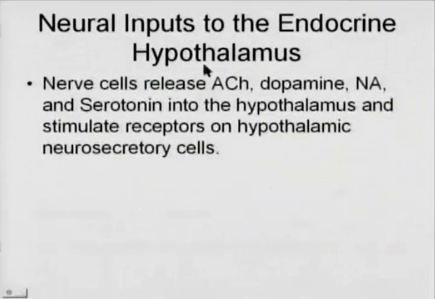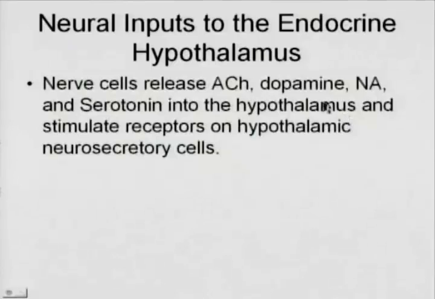So the neural inputs to the endocrine hypothalamus, there are many of these. For example, acetylcholine, dopamine, norepinephrine, NA is noradrenaline shown here. We should change all the NAs to norepinephrine, the standard term now used for that transmitter, that chemical messenger, let's call it.